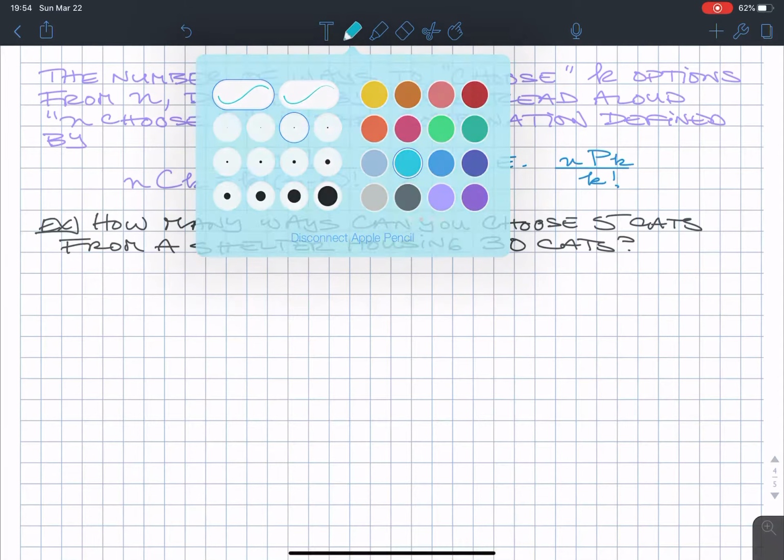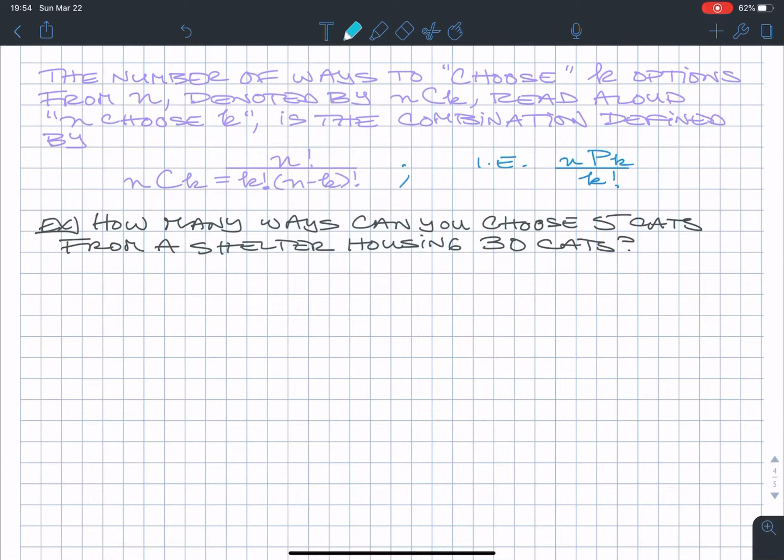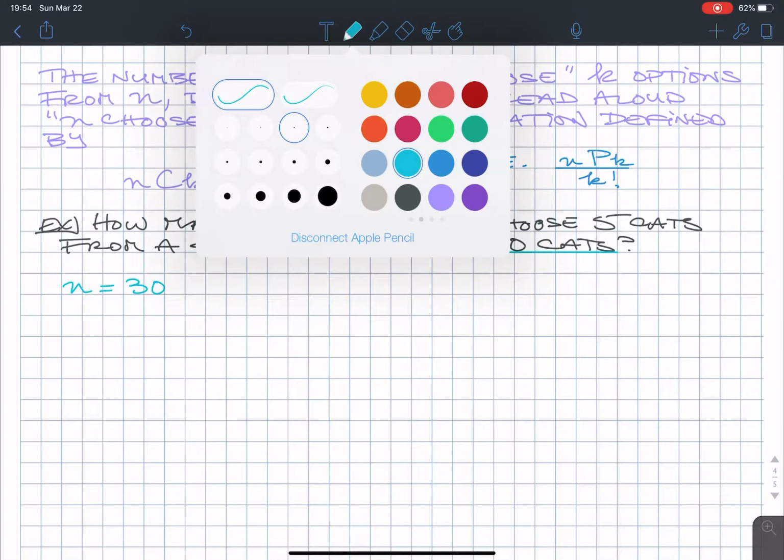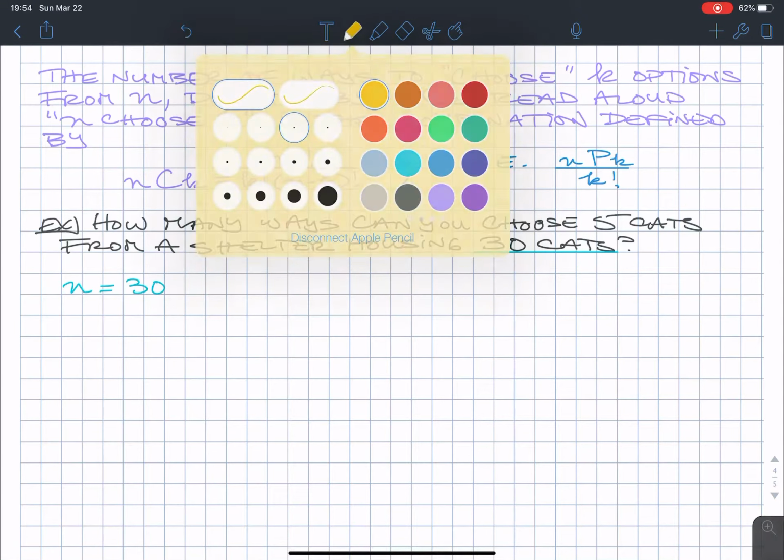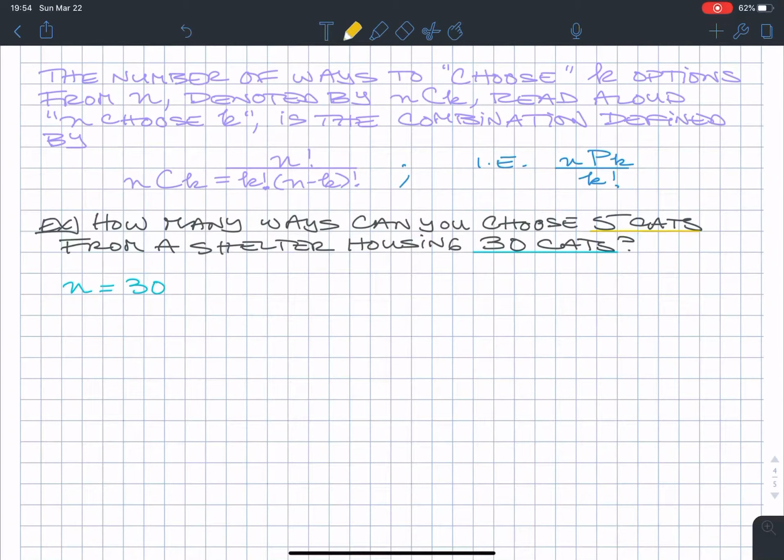Okay, so in this case, N, the number from which I can choose, is 30. How many do I want to choose? I want to choose 5. So K is 5.